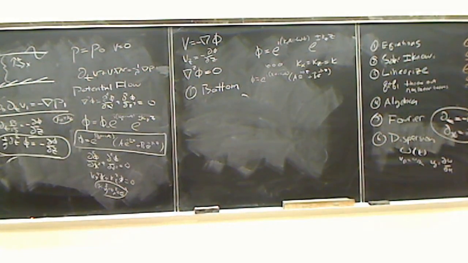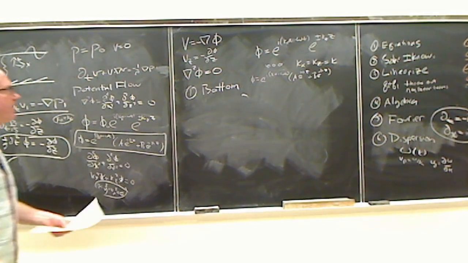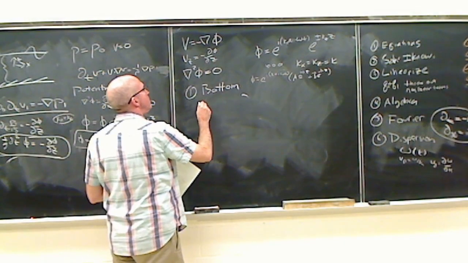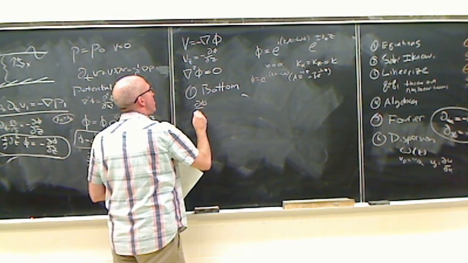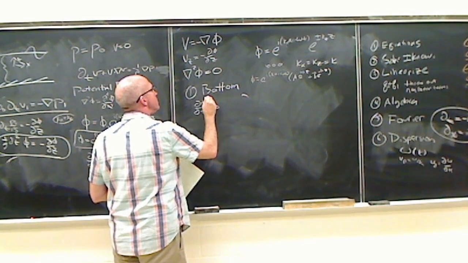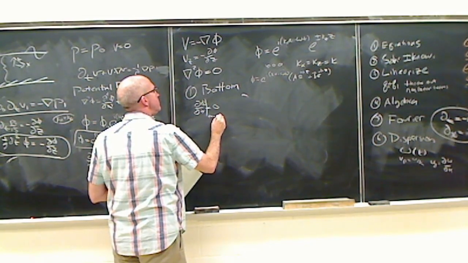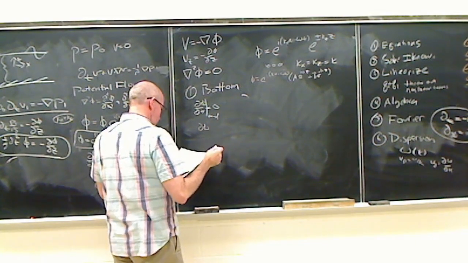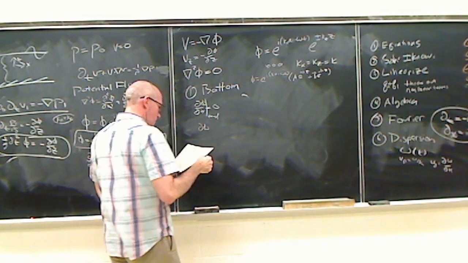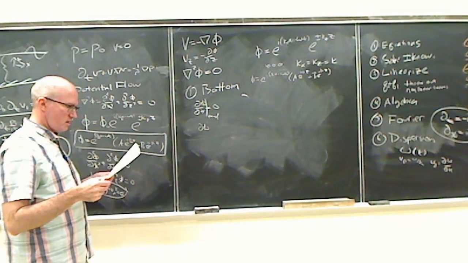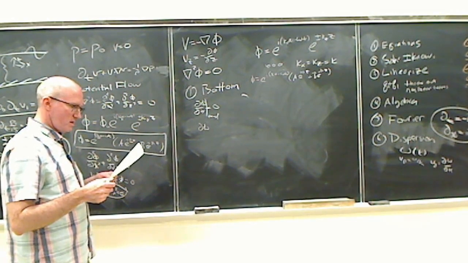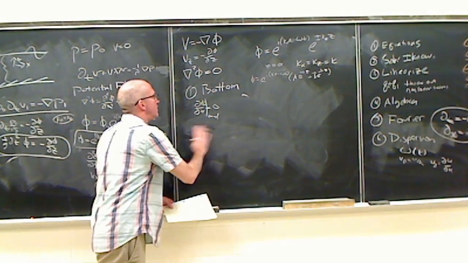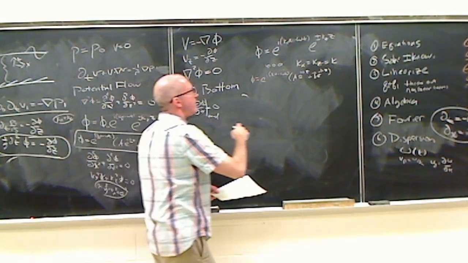Our boundary conditions say that, at the bottom, d phi dz equals 0 at z equals minus d. So we use the boundary condition at the bottom.